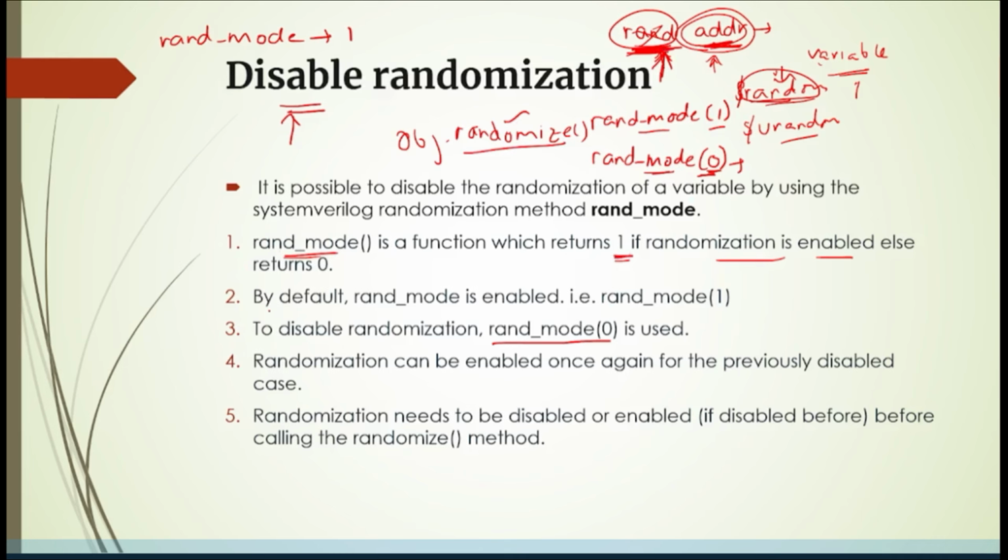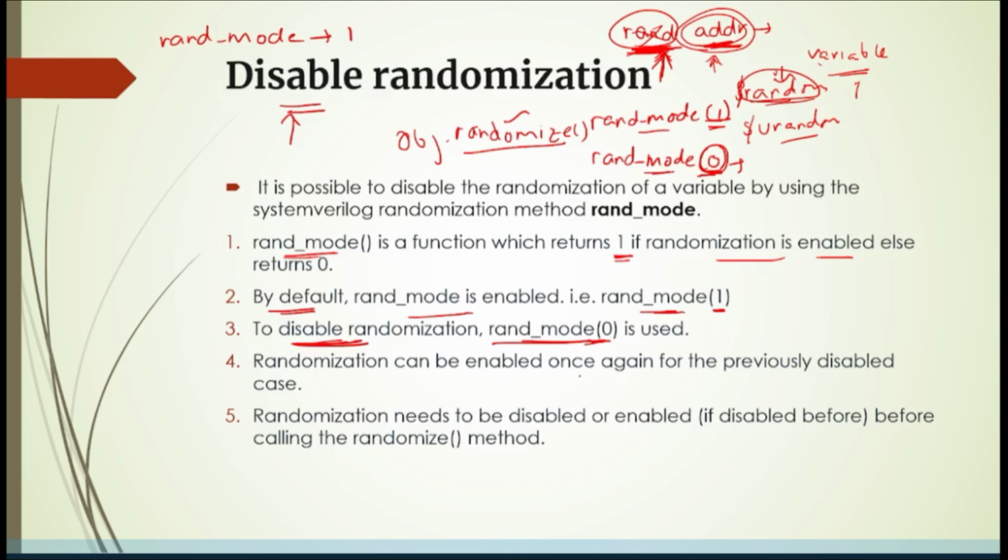By default, whenever rand_mode is enabled, the value is 1. When you want to disable the randomization, you have to make this mode 0. So when you make rand_mode 0, you are disabling the randomization.